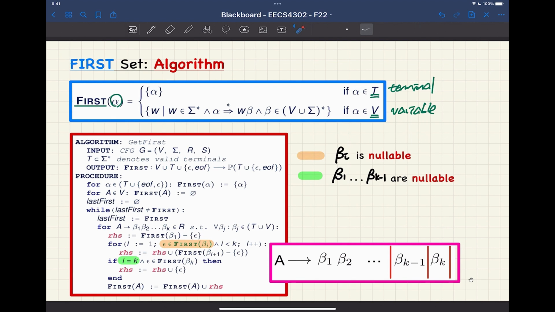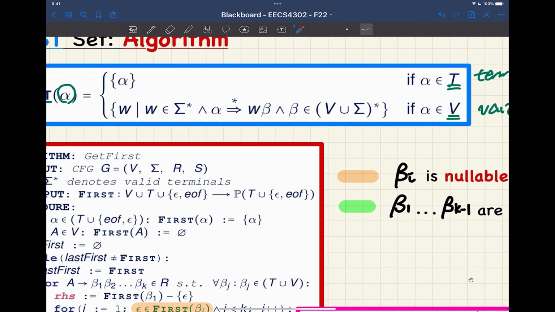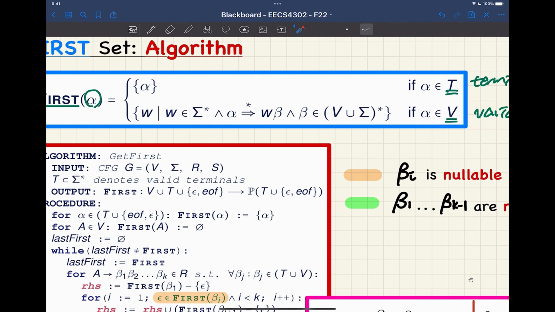If you actually have some variable over here, basically what you need is to somehow go through some derivation steps. You can see that exactly over here. In order for me to figure out the first of a certain variable, it's going to be all the words, so you can think about the W here, all the terminals or the words. That's why you see W is simply sigma star. There's no variable here.